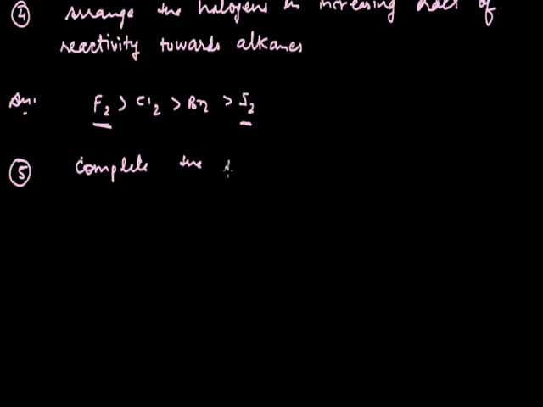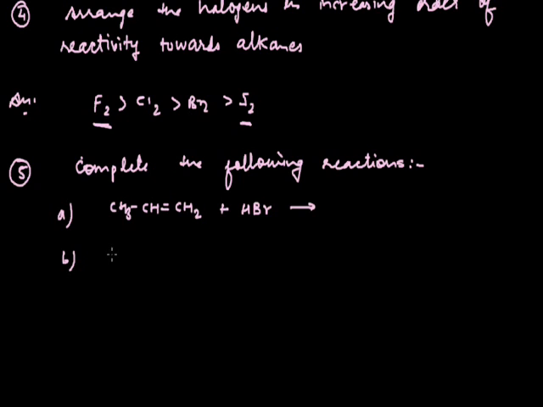Complete the following reaction. First reaction is CH3CH=CH2 plus HBr. Second reaction is CH3CH2CH=CH2 plus HBr in the presence of H2O2.